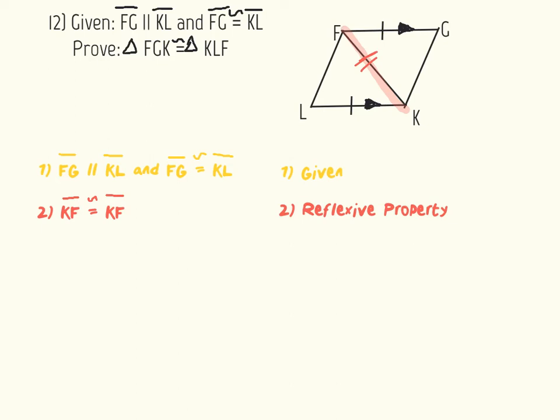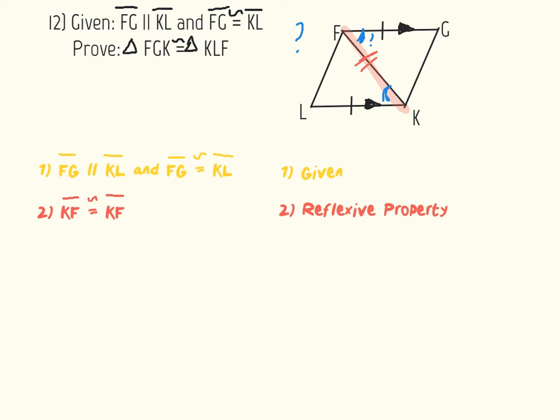Now I have to figure out how to get an included angle. I want the angles included between the two sides to be congruent, but I don't know how to do that yet. So I'm going to look at my parallel lines because I haven't used that information yet. When I have FG parallel to LK, then I have a transversal line.